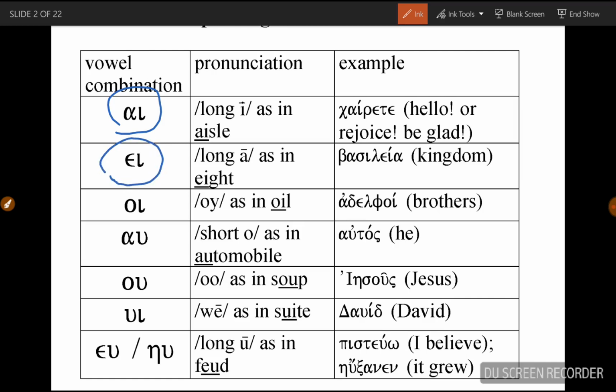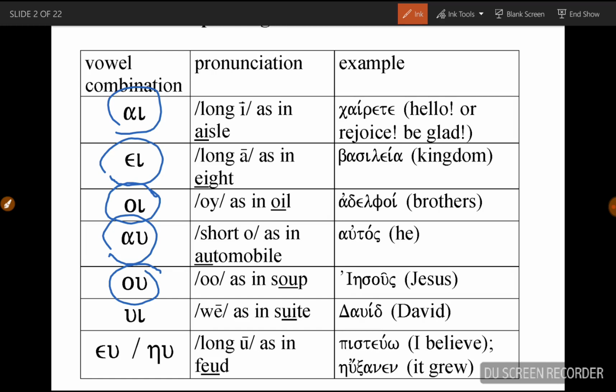Epsilon iota is A as in eight. Omicron iota is oi as in oil. Alpha upsilon is ow as in automobile, or automatic, or laudable. Omicron upsilon is oo as in soup. It's a little bit longer. So if upsilon is oo, then omicron upsilon is oo.